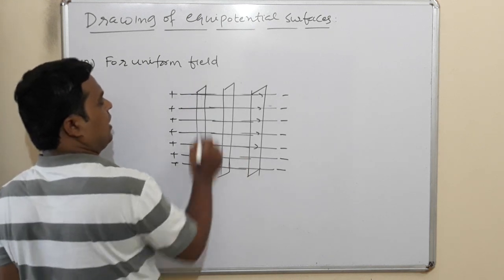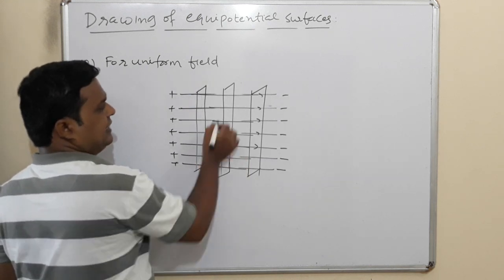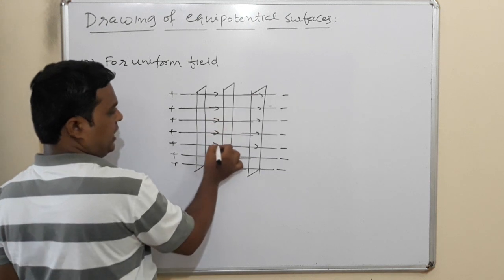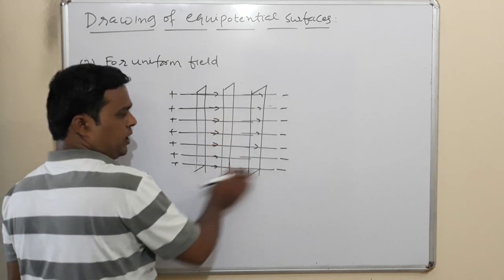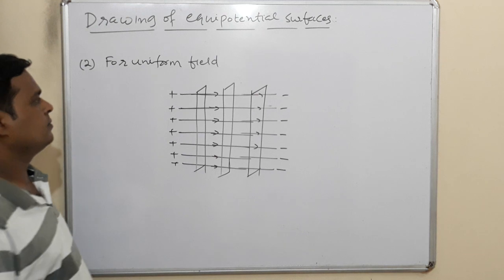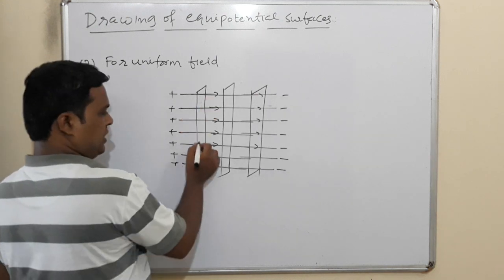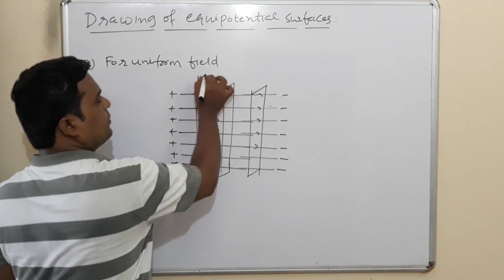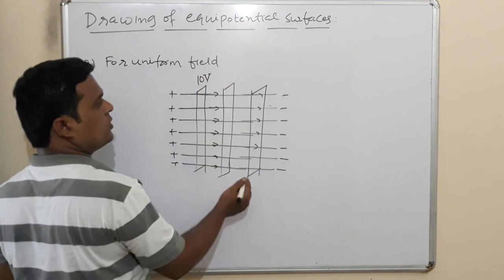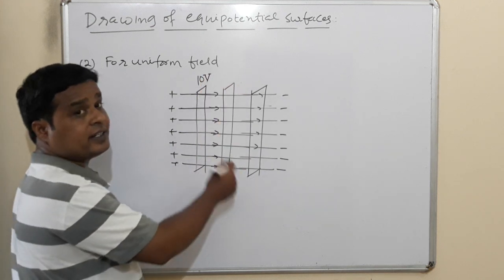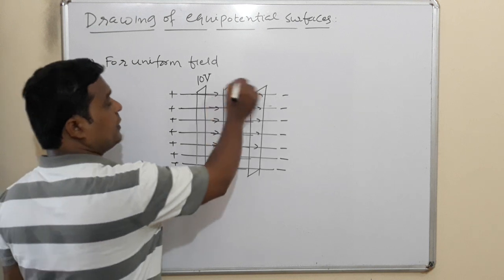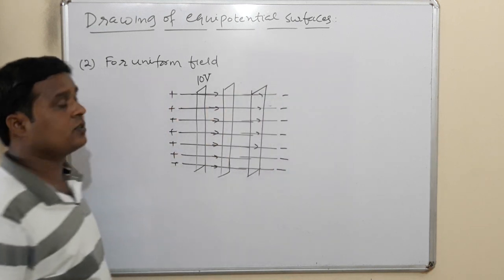Suppose this is the direction of the field. I told you that in the direction of the field the potential goes on decreasing. That means if every point on this surface has 10 volt, every point on the next surface does not have 10 volt. The potential goes on decreasing in the direction of the field.